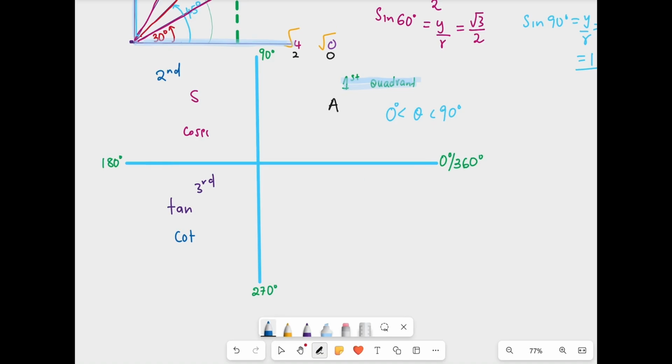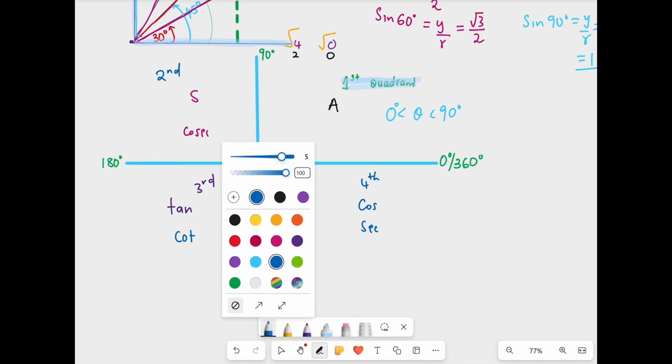And then in the fourth quadrant, the only ratio that is positive is cosine, obviously with its reciprocal, which is sec.